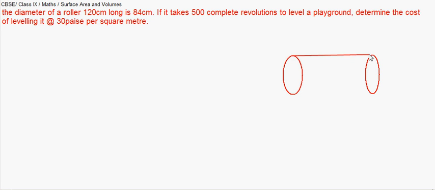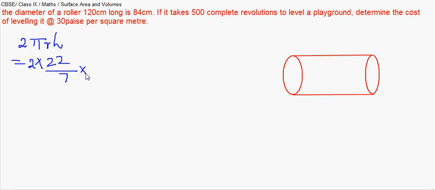The part which is covering the ground when it rolls once will be only this portion, that's the lateral surface area. The curved surface area is given by 2 pi r h.